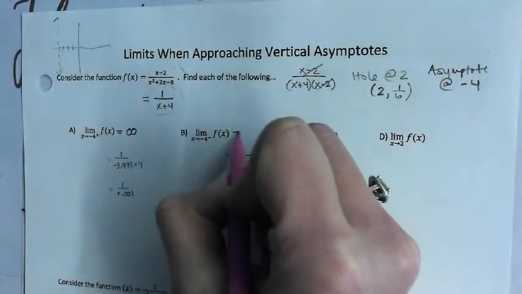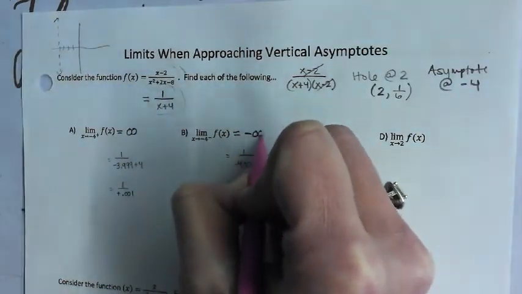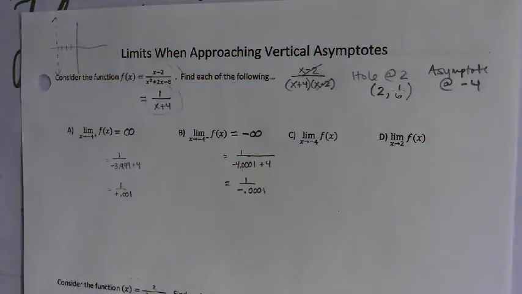How else could we know that that was probably what was going to happen, based on what we know about vertical asymptotes? Jalen? Not always, but in this case, yes. Sometimes they do both go towards positive infinity. Exactly.